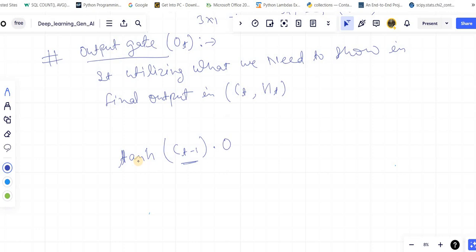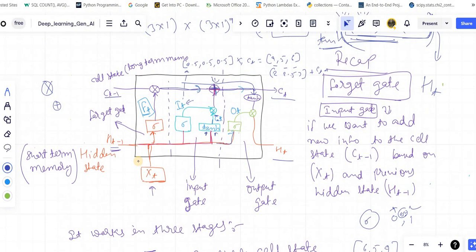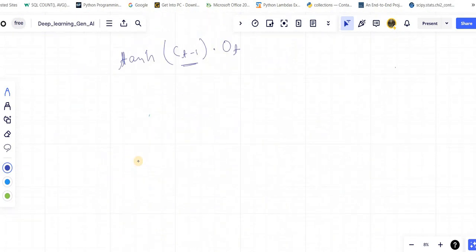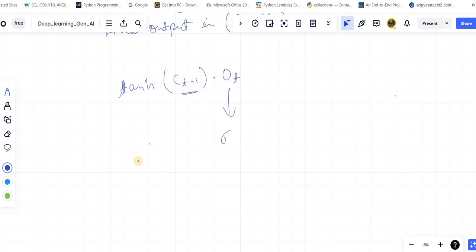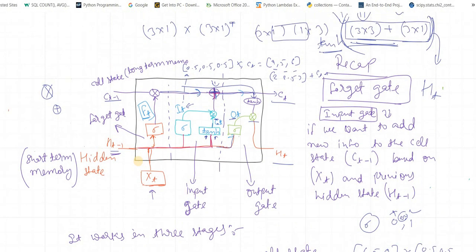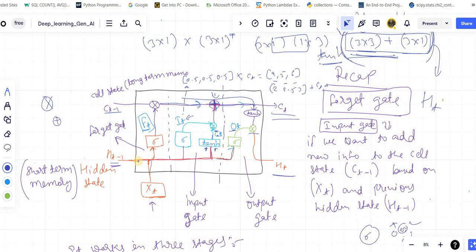We have to multiply this with OT, because this is the multiplication. And what is OT? OT is the sigmoid of some weight output multiplied by the combination of HT minus 1, comma XT, plus the bias. This is the OT, and this will get multiplied, and you will get your final output for that HT.